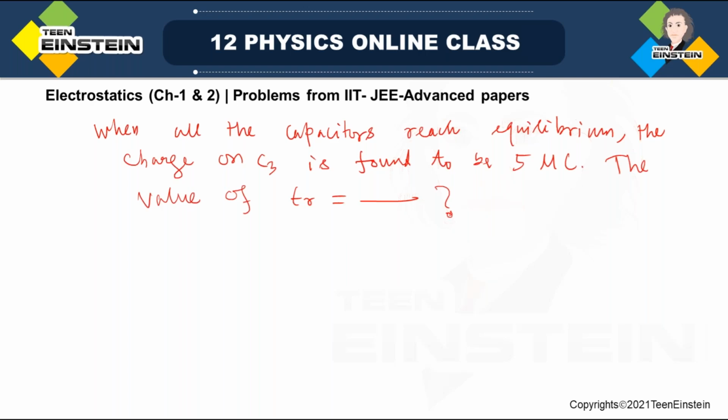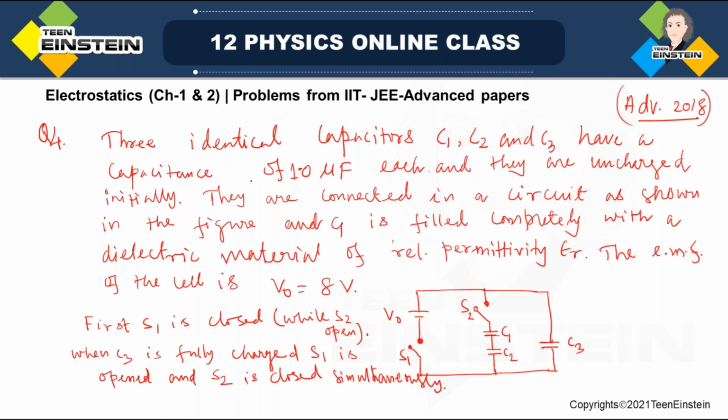So it is also a very simple question, we just have to think a little bit. V0 is given already, so let us read out the question once again. See, the identical capacitors C1, C2, C3, each having capacitance 1 microfarad.